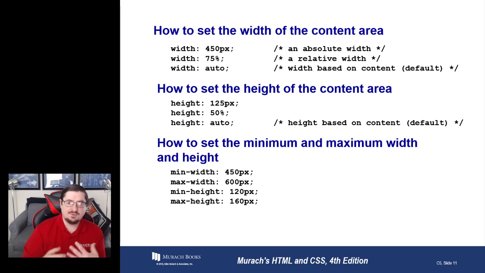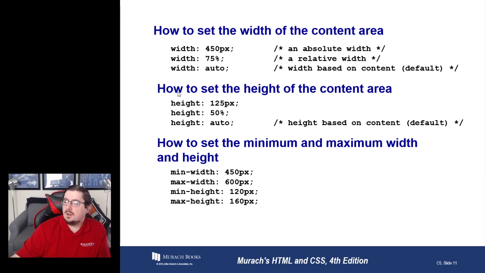Auto just says figure it out based on the size of your content, effectively. Now that does vary a little bit depending on what element you're talking about. So for instance, most block elements, div, main, by default they're the full width that's available. But some other elements may be just how much space it needs.